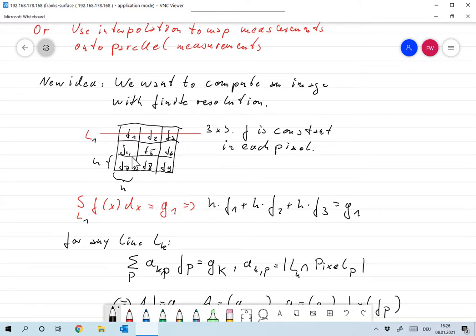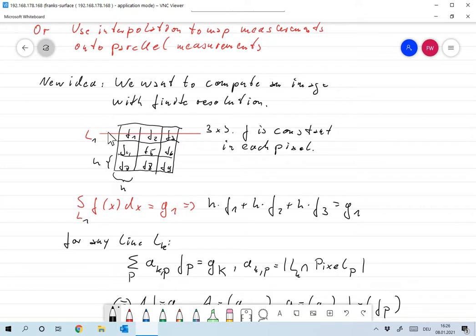But that's easily computed, because the approximation is constant in each pixel, and the length of the line in each pixel is 1/3. Let's call it h. So the contribution of this pixel to the line integral is f1 times h.